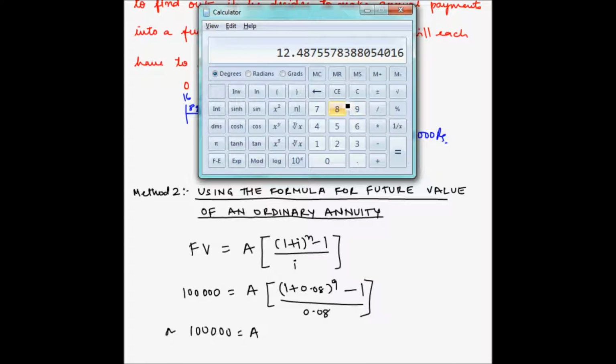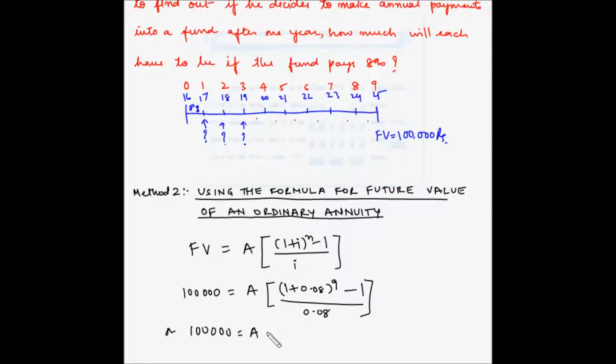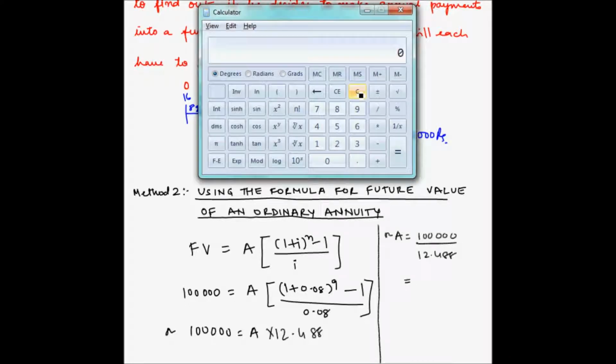So we'll consider this as 12.488. So 100,000 is equal to A into 12.488, or A is equal to 100,000 divided by 12.488. So A is 8,007.69.